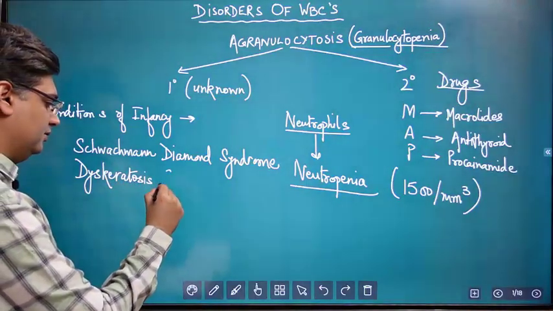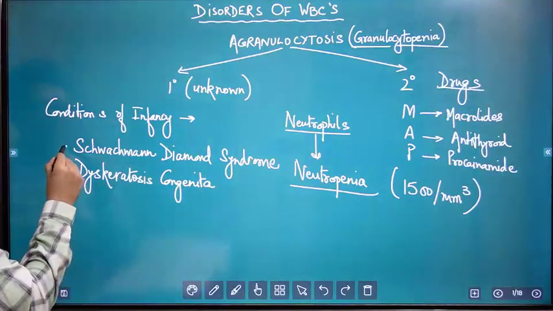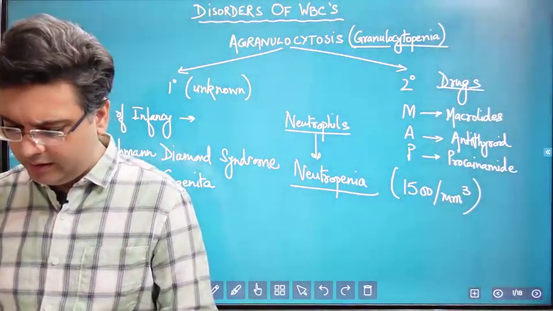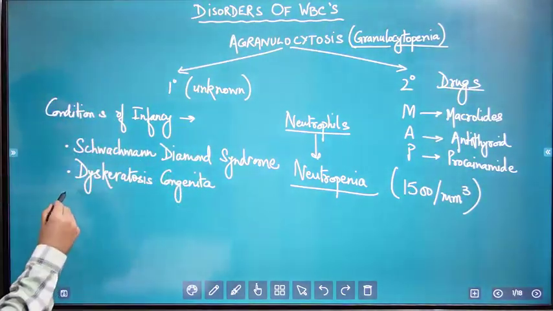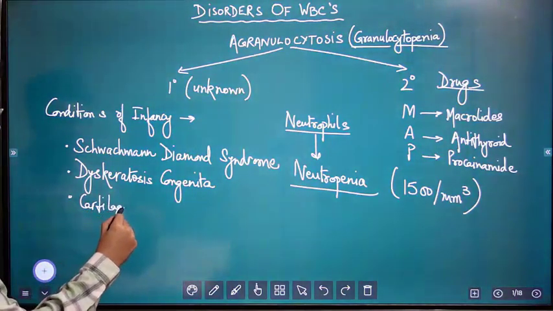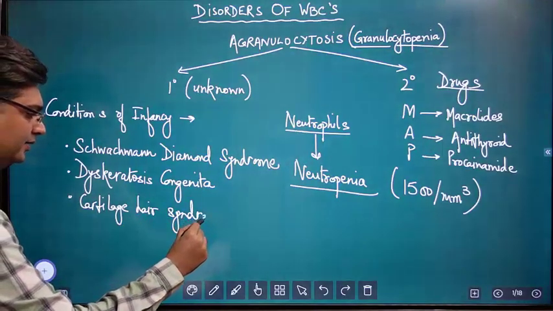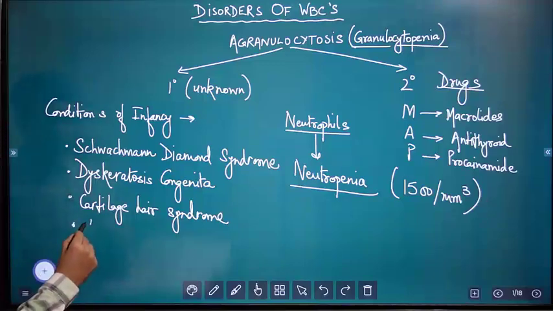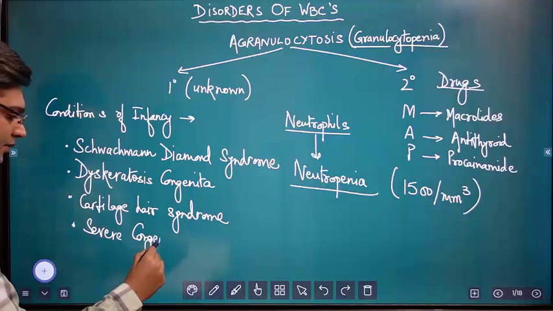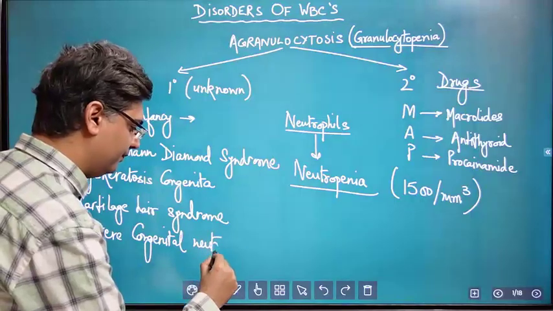As it's a congenital condition, the name is dyskeratosis congenita. The other is cartilage hair syndrome, and the other one is severe congenital neutropenia.